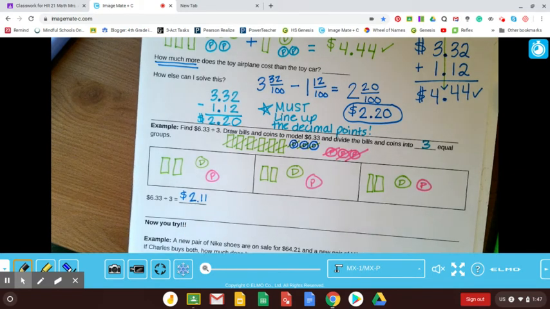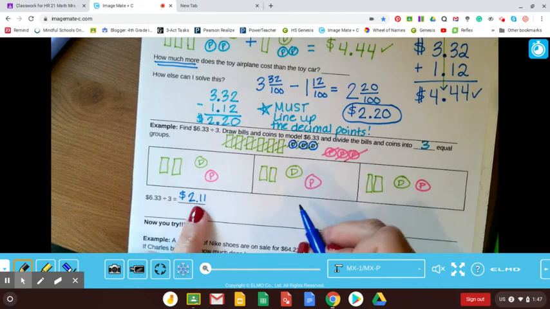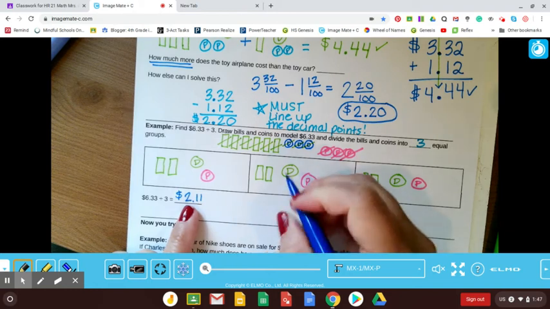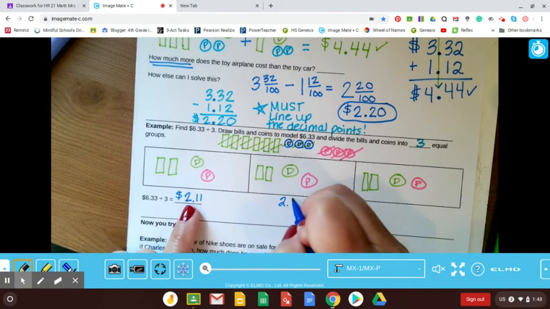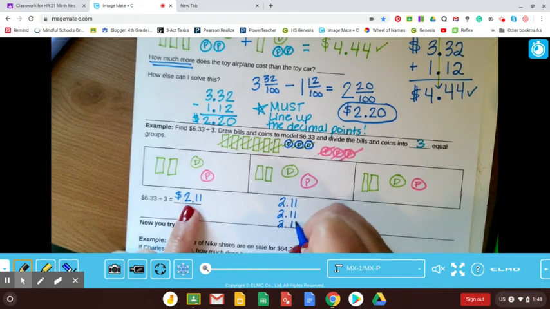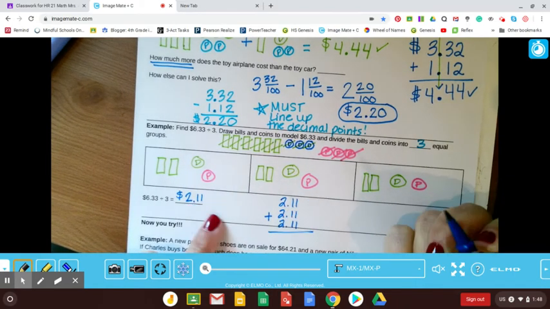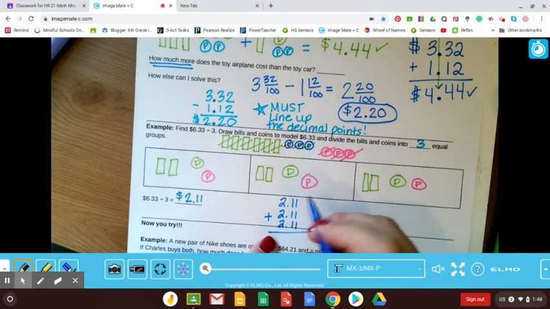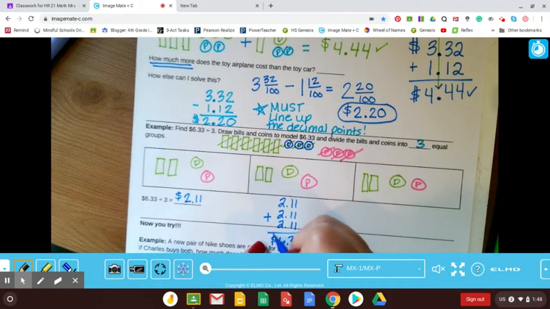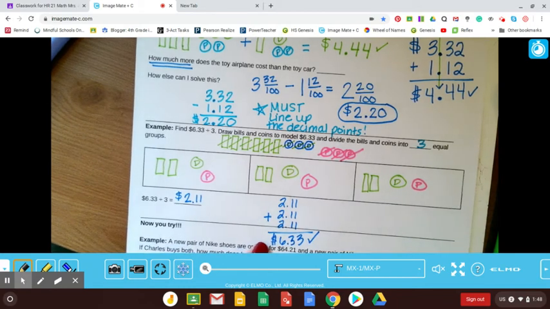And to just check that, I could use repeated addition because I haven't learned yet how to multiply decimals. So I could do $2.11 plus $2.11 plus $2.11. And this should get me $6.33. And let's see if that actually works. And yes, it does. So I know I'm correct. All right, awesome job, guys.